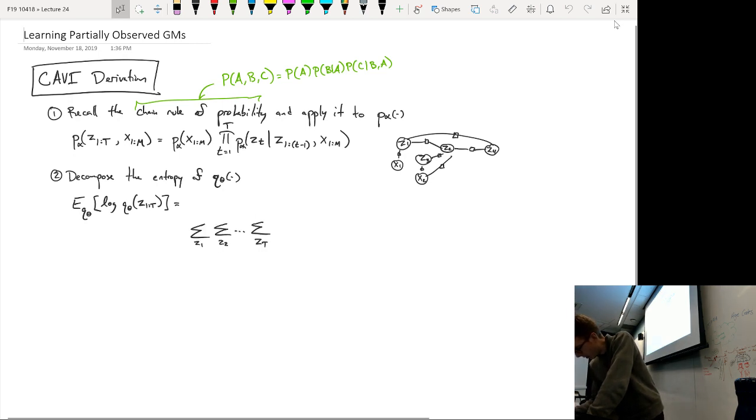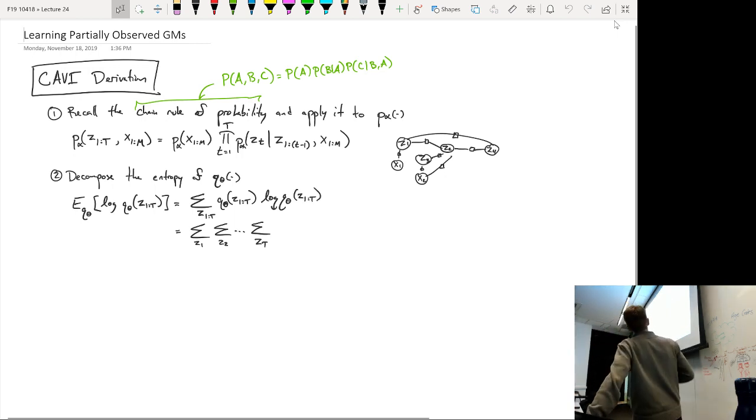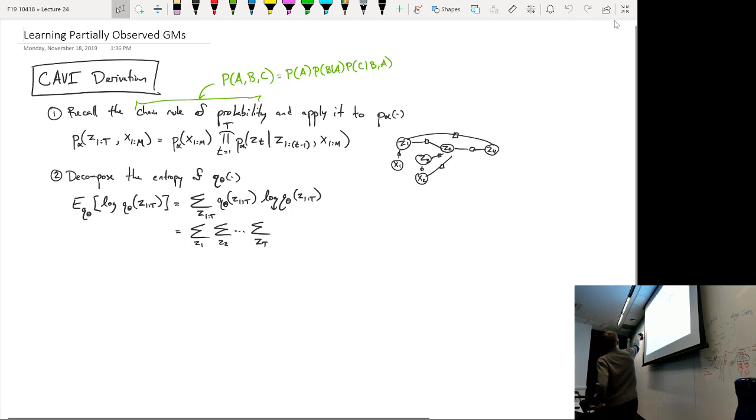So the first step here we should write is just writing the expectation as a sum. So summing over all z's, 1 up to t, we have q theta of z1 to t log q theta of z1 to t. So we can rewrite that sum by breaking out into sums over each of the individual variables.